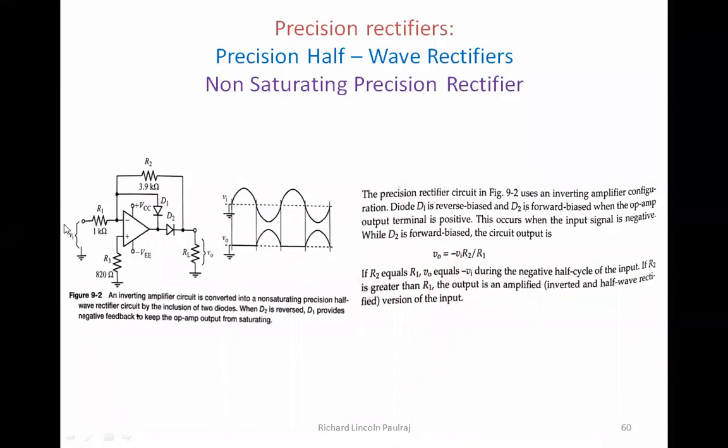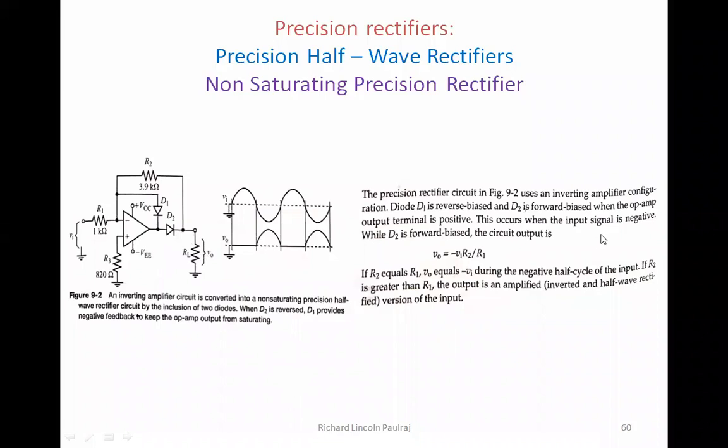So R1 is at the input side, R3 is at the non-inverting terminal. Then you have a diode connecting from the negative terminal to the feedback, and also you have a resistor doing that work.